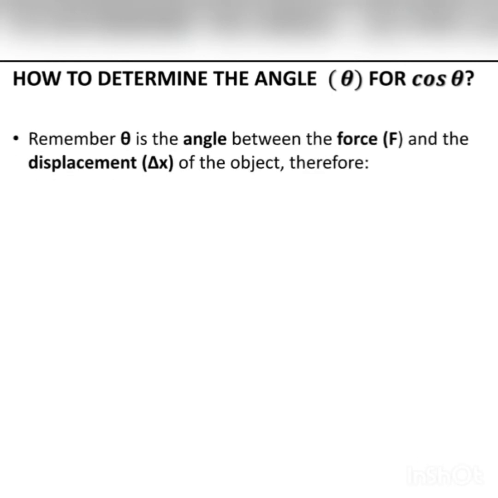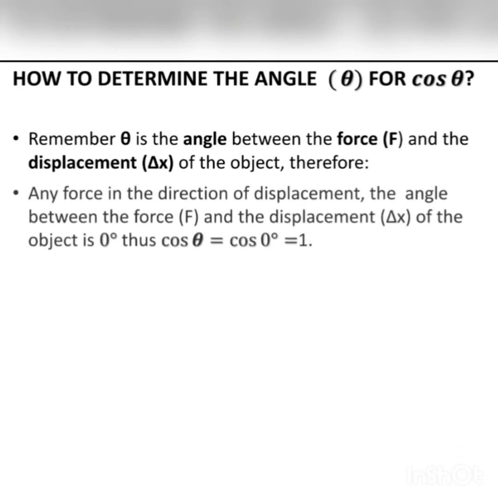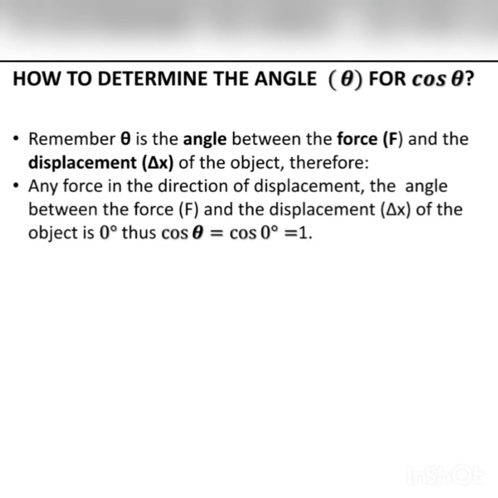How to determine the angle for cos theta? Remember, theta is the angle between the force and the displacement of an object. Therefore, for any force that is acting in the direction of the displacement, the angle between the force and the displacement of that particular object is going to be 0 degrees.